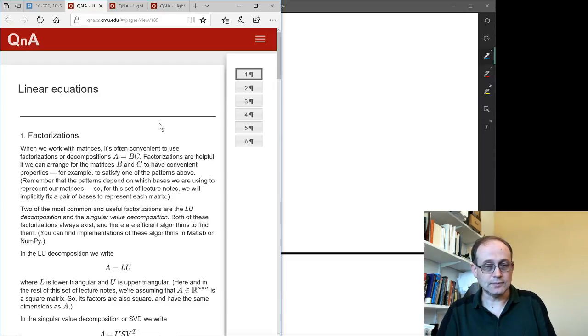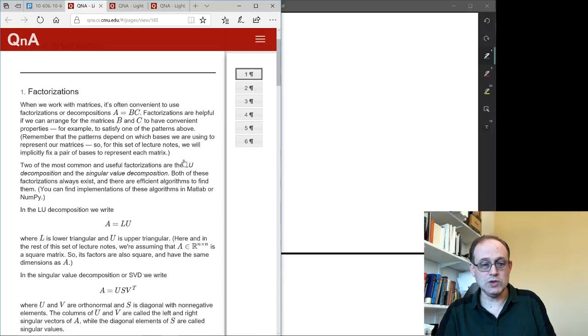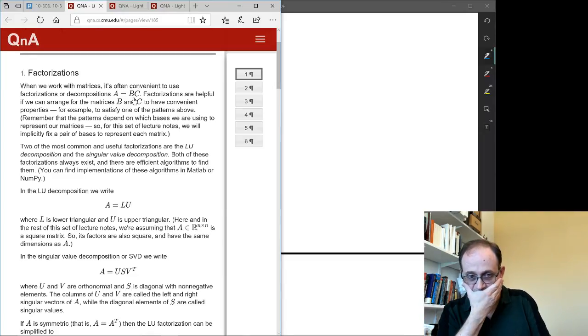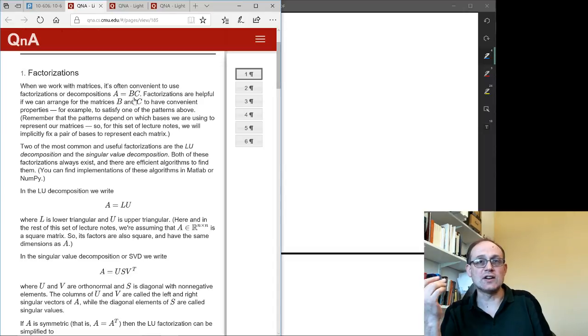The most common way to work with a matrix is to work with one of its factorizations. A factorization is just if we have a matrix A and we represent it as a product of two simpler matrices B and C, or perhaps of three simpler matrices B, C, and D. These factorizations are helpful if the matrices B and C have one of the patterns that we talked about or some other convenient property.